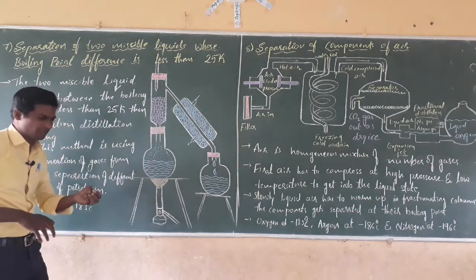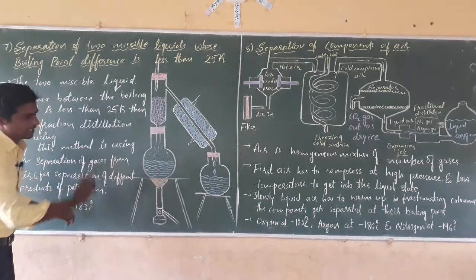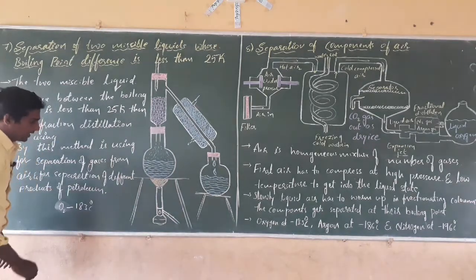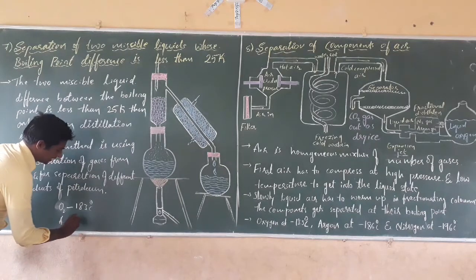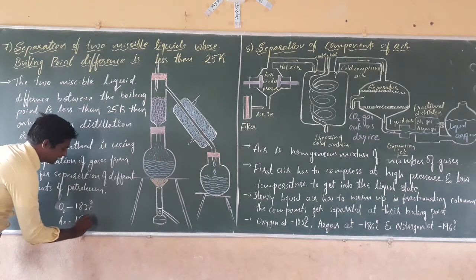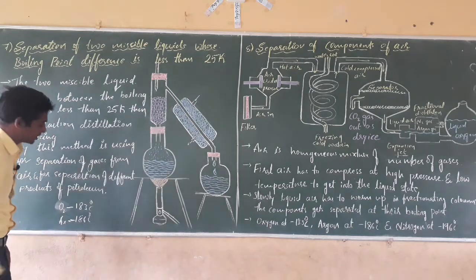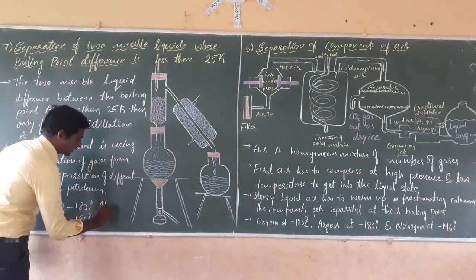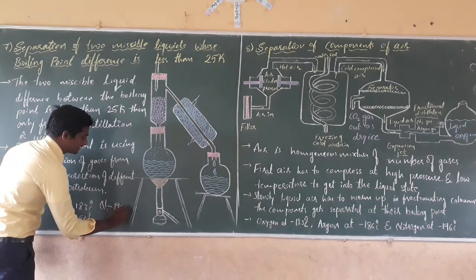Then we start with mild temperature. If we give mild temperature, first oxygen will evaporate out. Next, argon, at -186 degrees Celsius. Then nitrogen will evaporate at -196 degrees Celsius.